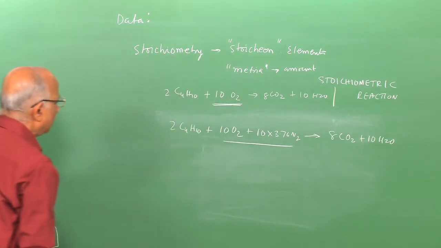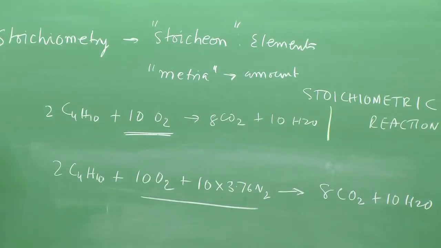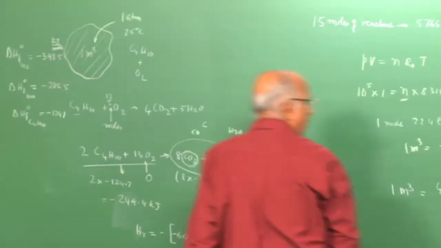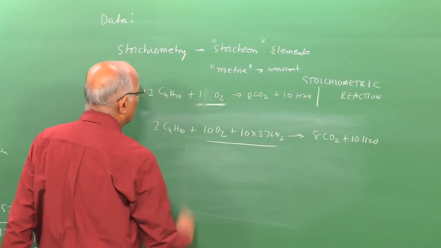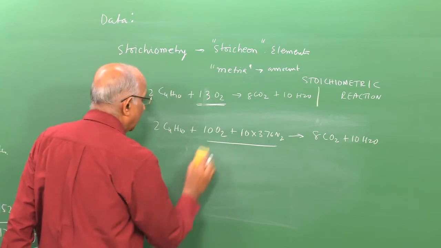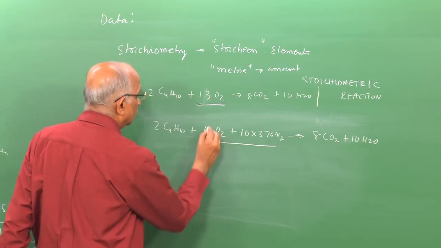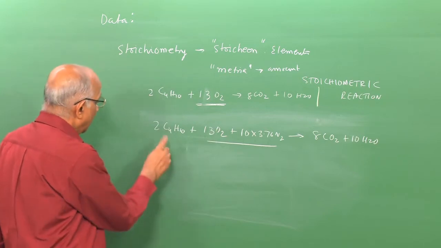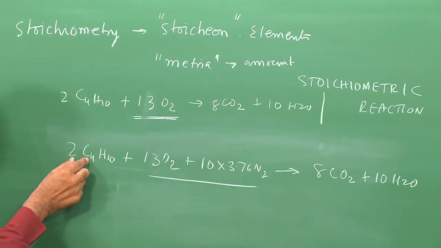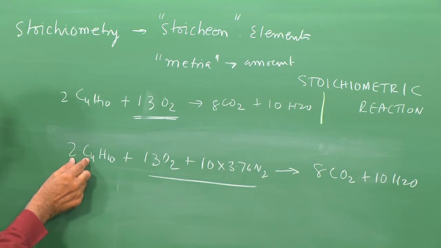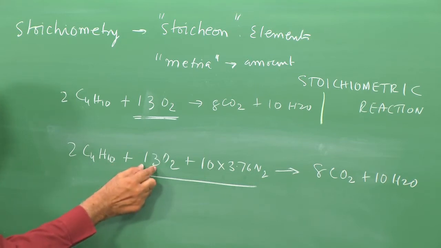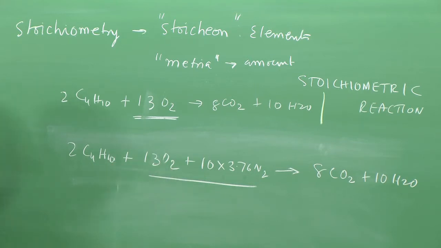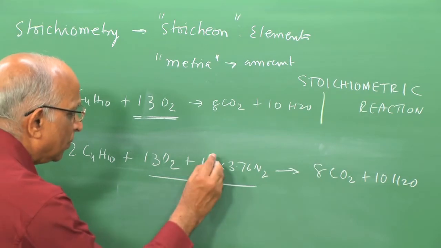Is it 10 O2 here? Let's balance and see. C4H10, what did I have here? I have 13, therefore if it was perfectly balanced, it should have been 13 over here, because 8 CO2 will take 16 oxygen atoms plus 10 for the water, that is 26 oxygen atoms, so 13 into 2 is 26 over here.